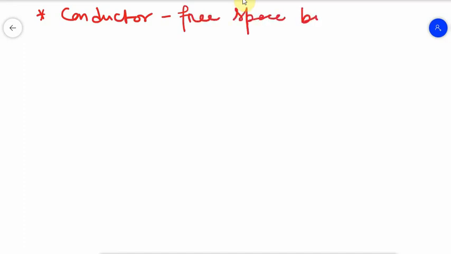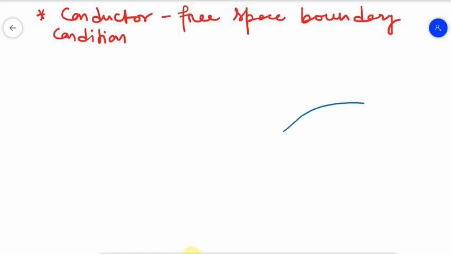Now the third boundary condition is the conductor free space boundary condition. Let us assume a boundary.